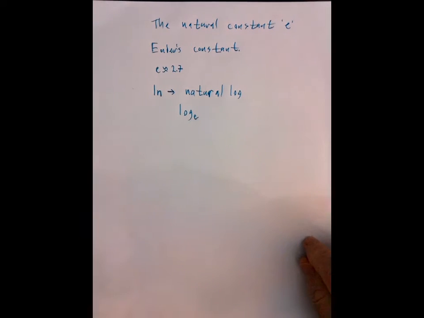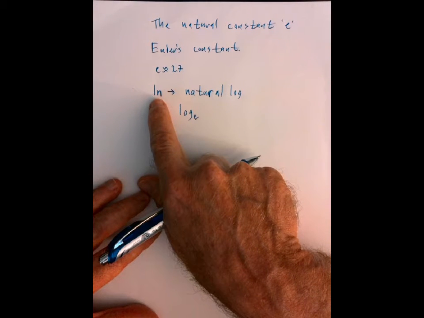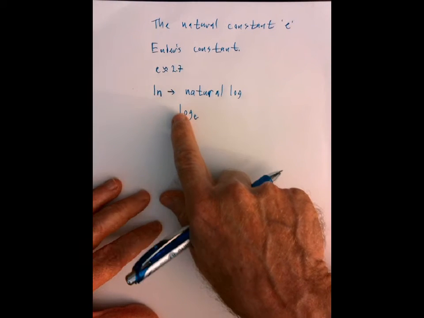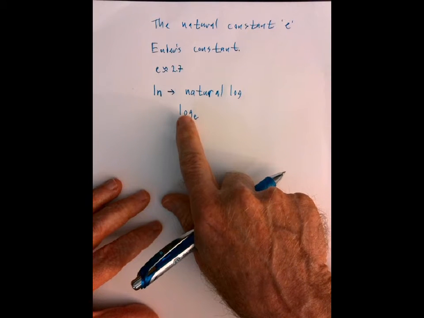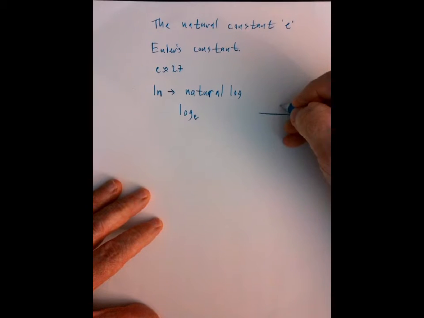Now, I'm not going to try to tell you on this video where e comes from. Maybe we'll have time for that later on, or I can send you to some web resources to do more research if you're interested. But what you need to know is when you see ln on your calculator or in a problem, it means log base e.